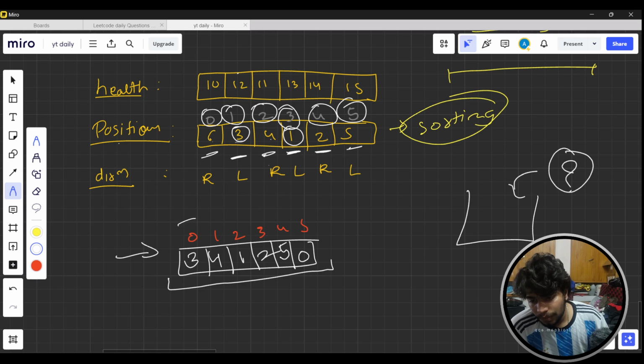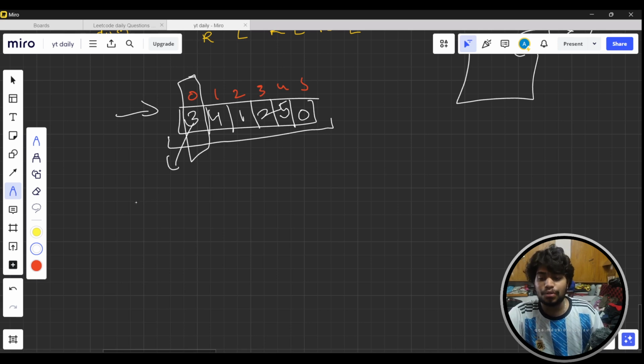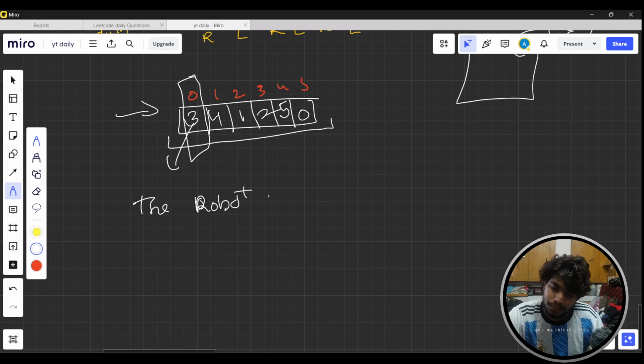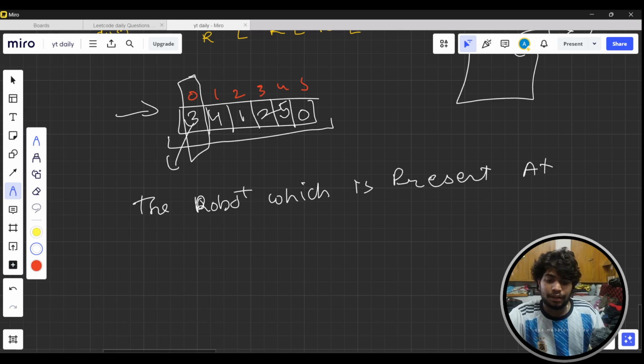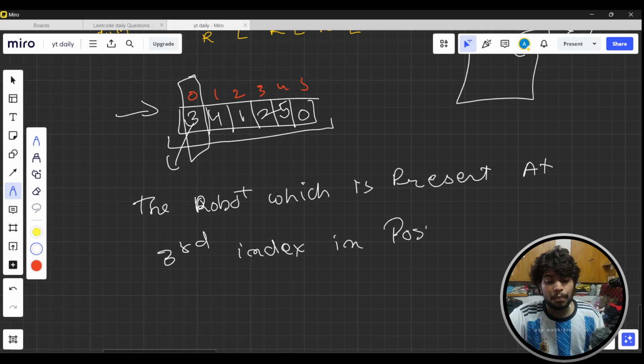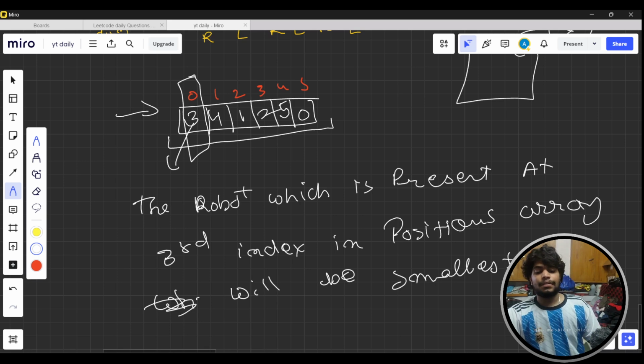So for sure I know the robot which is present at third index in position array will be the smallest position.